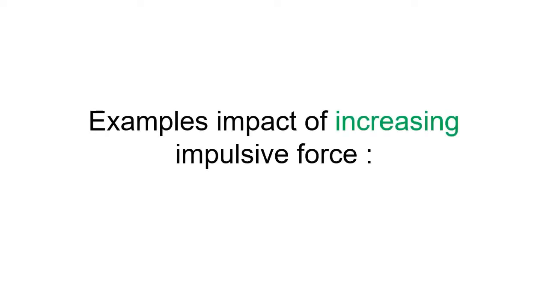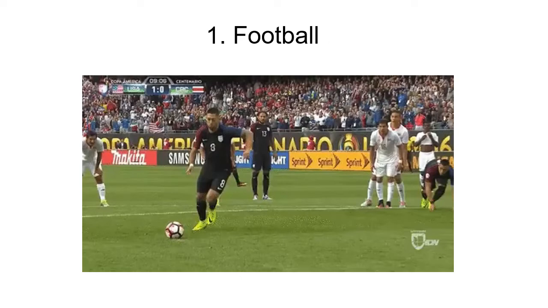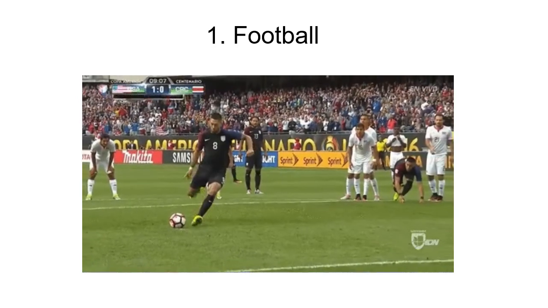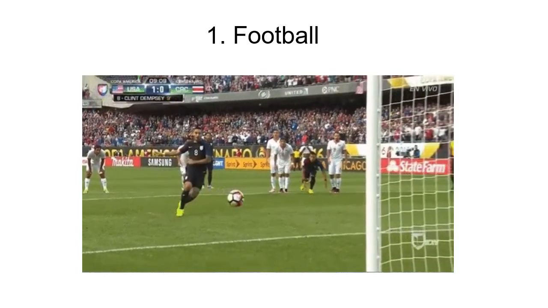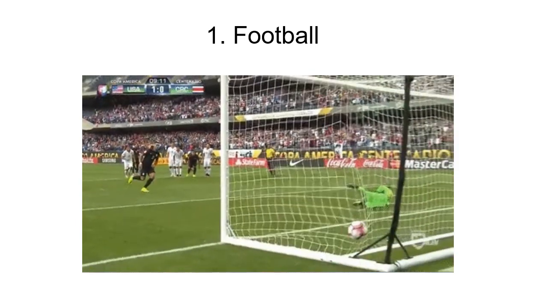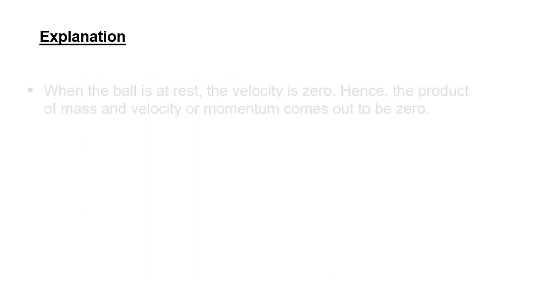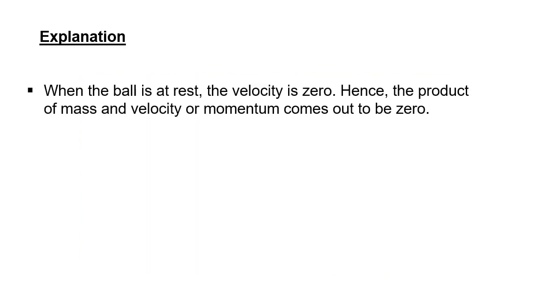Next, we move on to the examples of the impact of increasing impulsive force. First, football. Let's watch this video to relate football with the impact of increasing the impulsive force. When the ball is at rest, the velocity is zero.